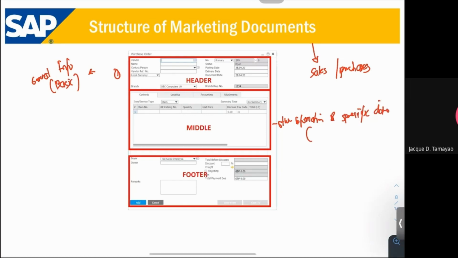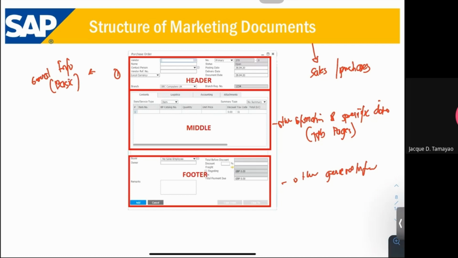The specific data pertains to your different tab pages. Next, we have your footer. So under the footer, or your lower part, this is your other general info.